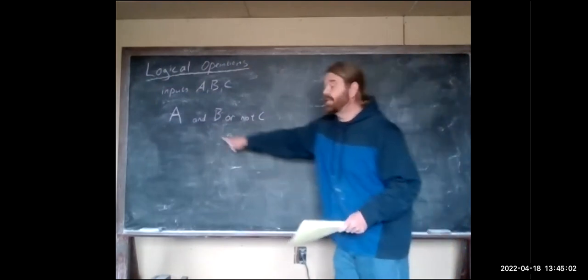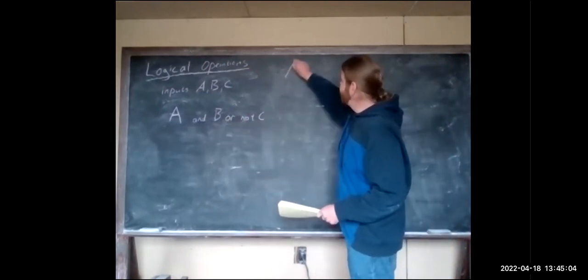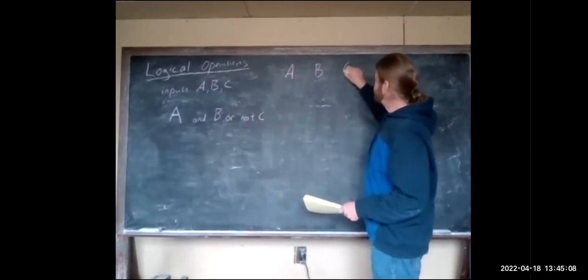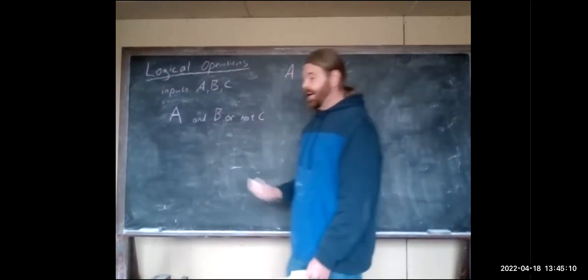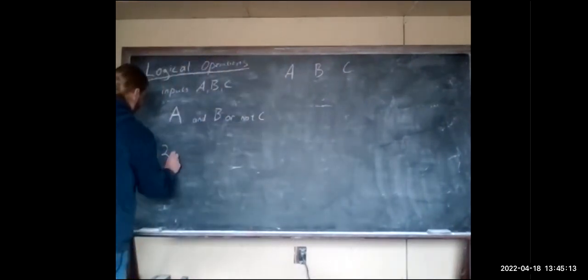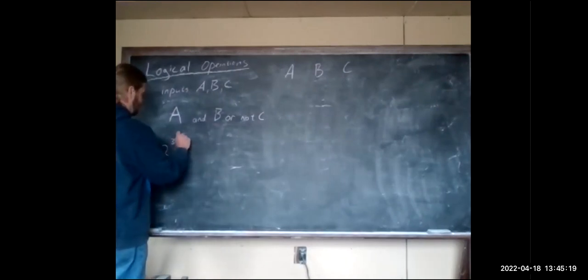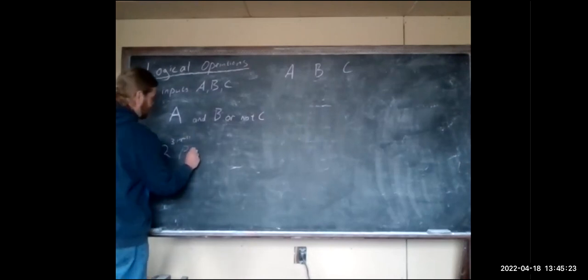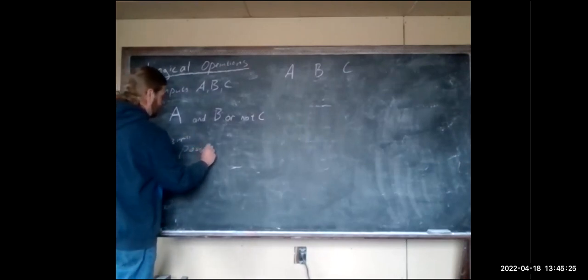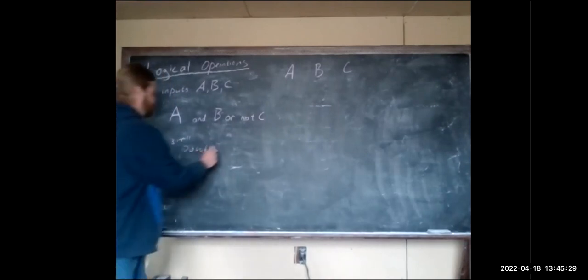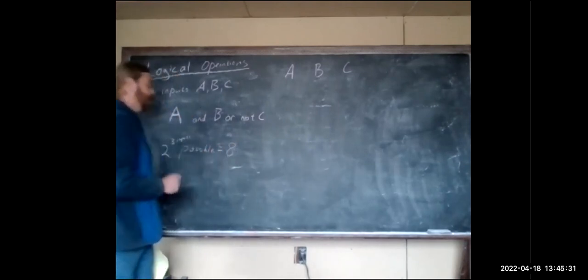So we always want to start with our inputs: A, B, and C. There's 2 to the 3 possibilities. 3 inputs means we have 2 cubed possibilities, which is 8 possibilities.